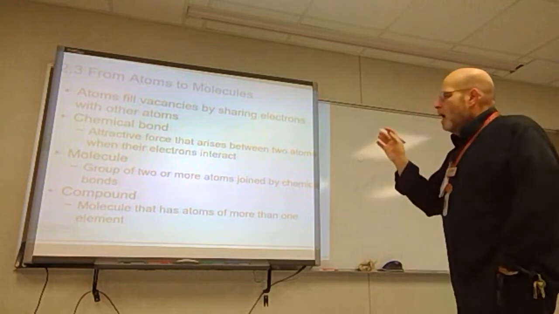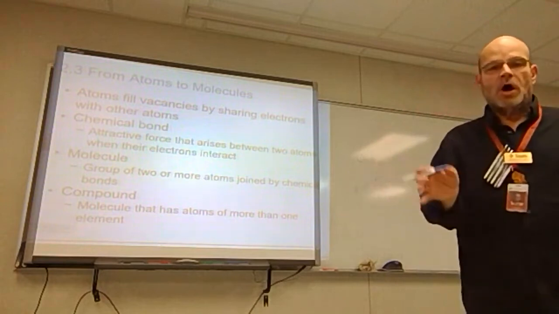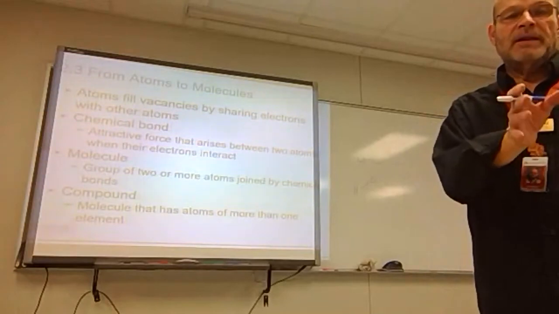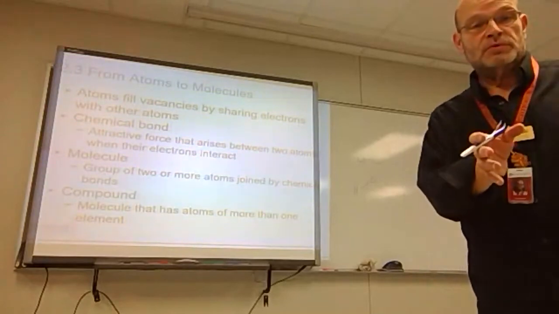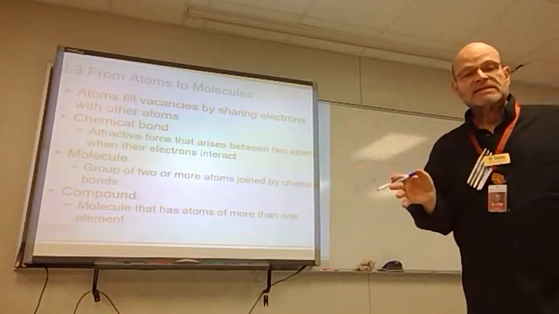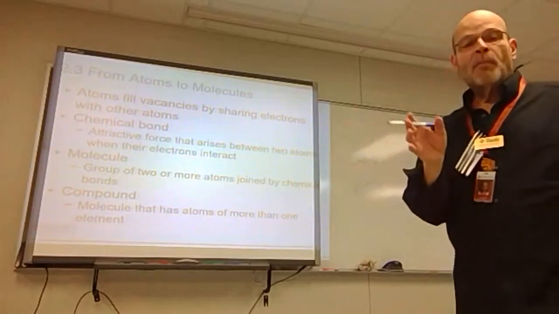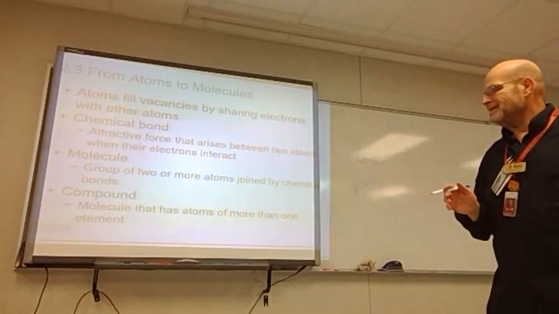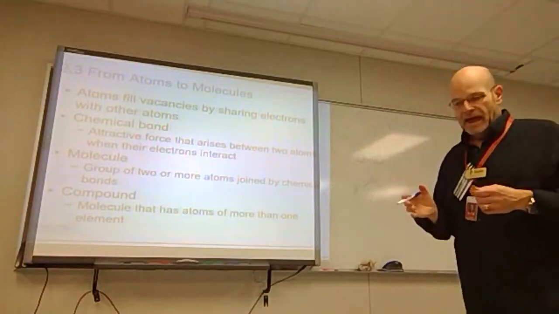So all compounds are made up of molecules, but not necessarily all molecules are compounds. A compound must, by definition, have more than one element in them, or more than one type of atom.